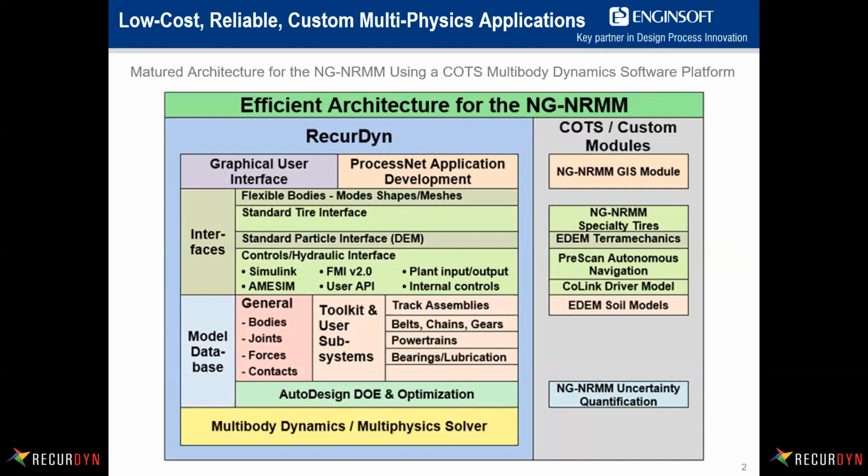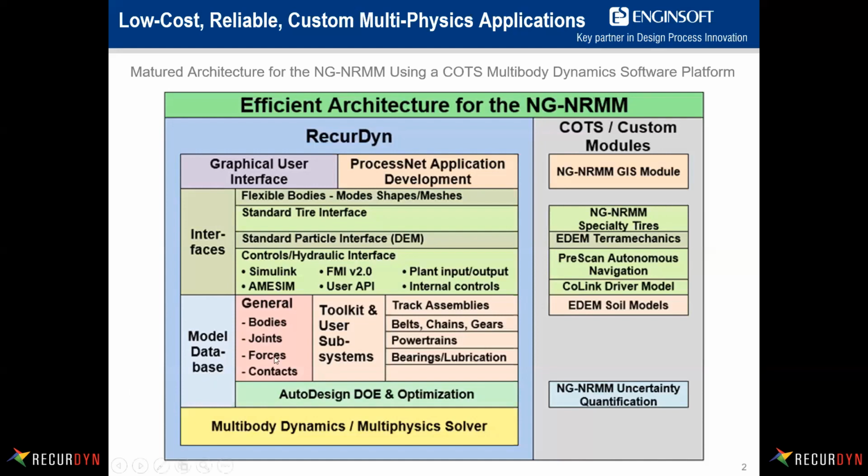And then we have a controls and hydraulics interface with direct support for Simulink for controls, and general APIs to do that kind of interfacing. We'll see a little bit later on how that can be used to look at things like driver models and also even autonomous vehicles.